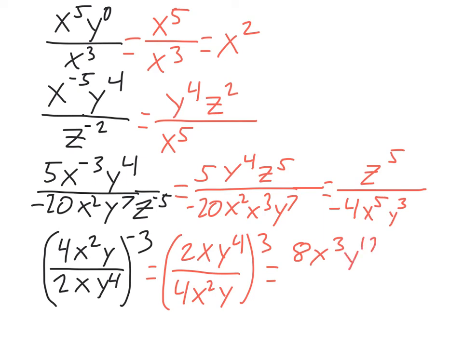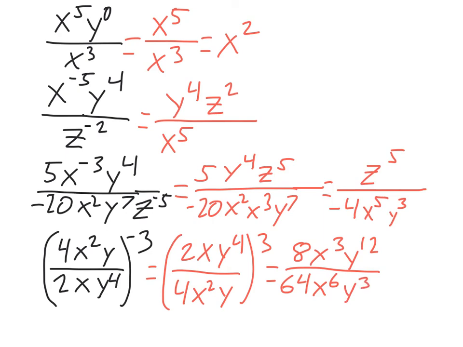Y to the 12th. And then that's going to be over 4 to the third, which is 64. X squared to the third, multiply the exponents. 2 times 3 is 6, so x to the 6th. And then y to the third, y to the third.